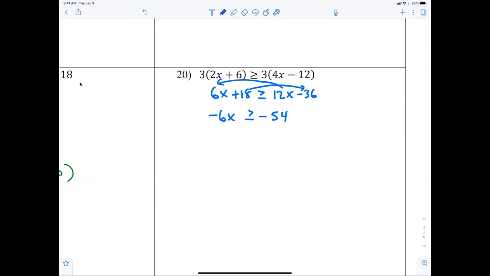And then when we divide, what do I do to the sign? Change it. Thank you, Molly. Less than or equal to 9. Anybody have any issues with that? So if I'm less than or equal to 9, I'm going -infinity to 9 bracket. Should be kind of easy.